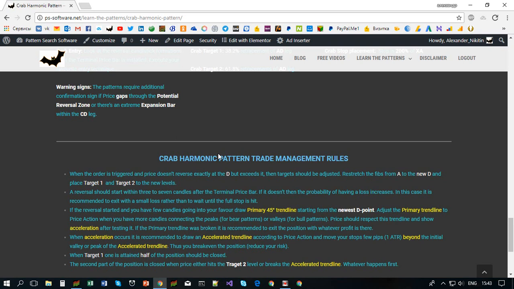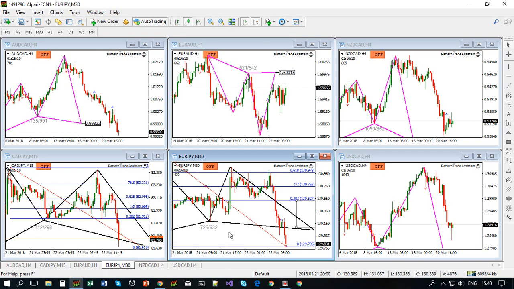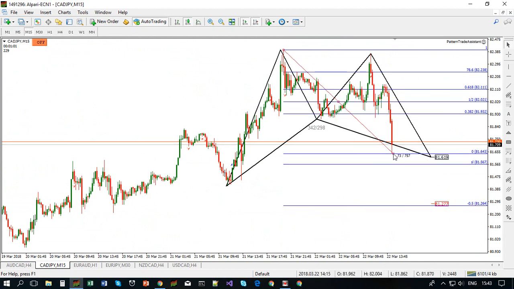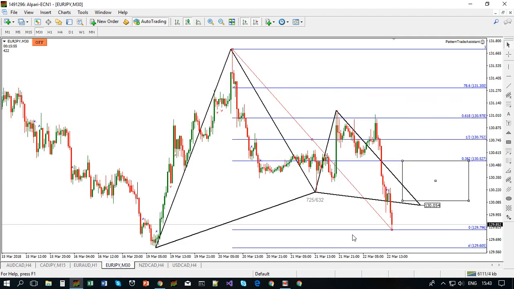Yes, my knowledge is the result of my experience, and it doesn't need to coincide with conventional rules. So conventional rules are conventional rules. First, start from conventional rules, and then as you progress more and more, you can add something of your own. This way you will make your trading more and more personal, and it will suit your personality better.